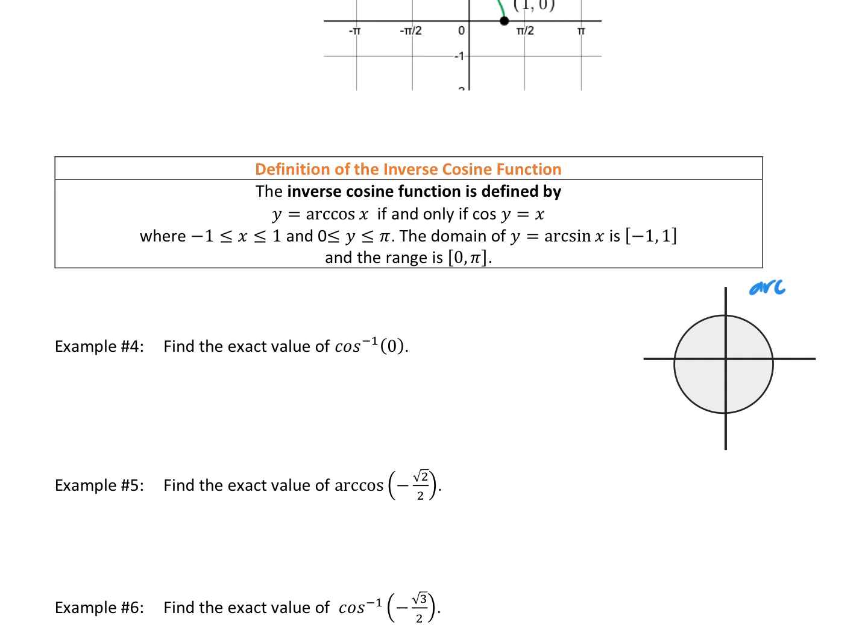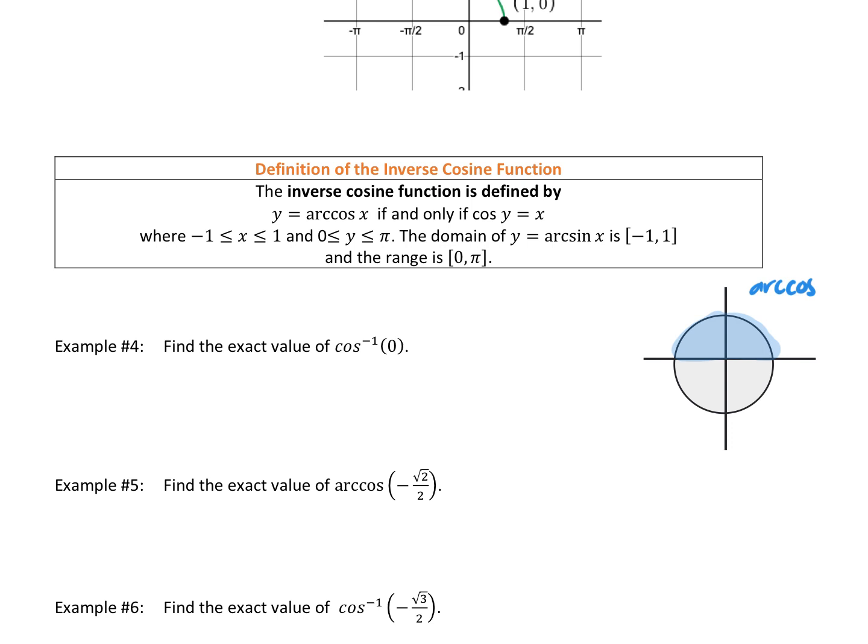Oh, I forgot to say there, arc cosine has to happen in the first and the second quadrant. Arc sine happens in the first and the fourth, arc cosine happens in the first and the second.